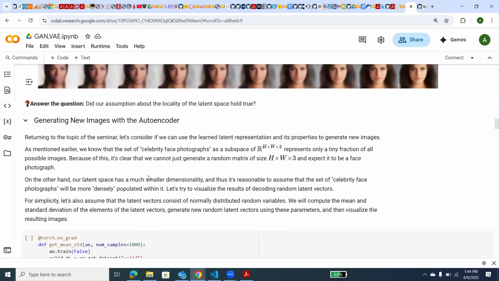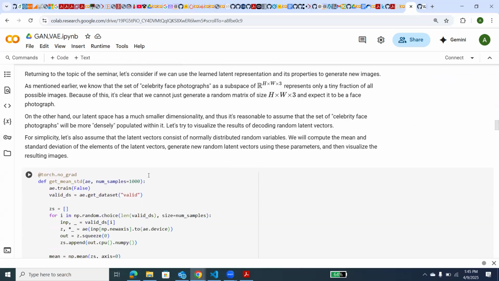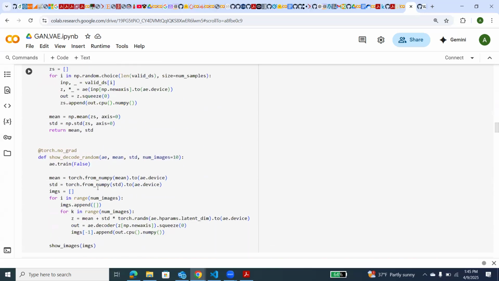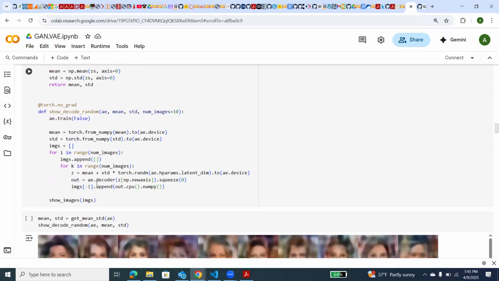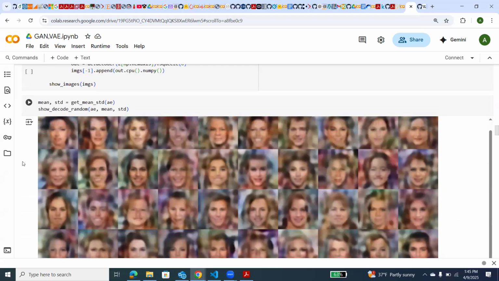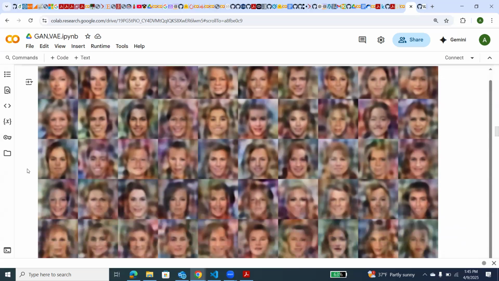How to generate images without encoders? This is the problem. In this example, we just calculated mean and covariance matrices for all the images and tried to sample from a normal distribution with these parameters. So these are the results.